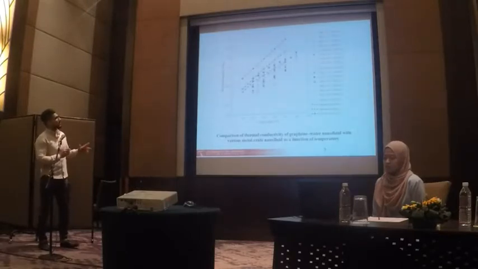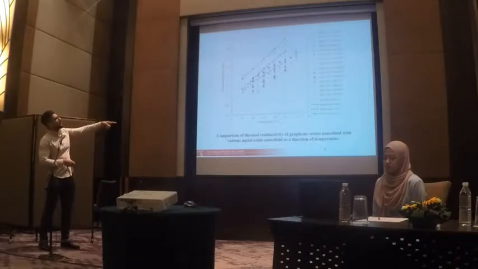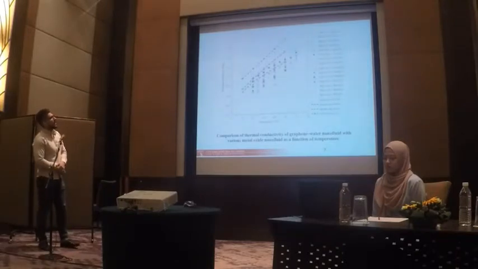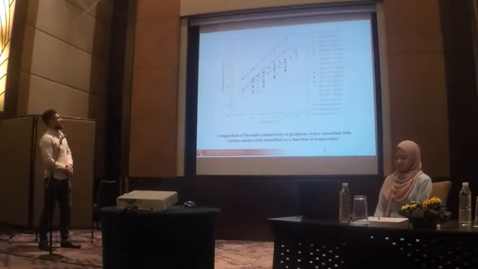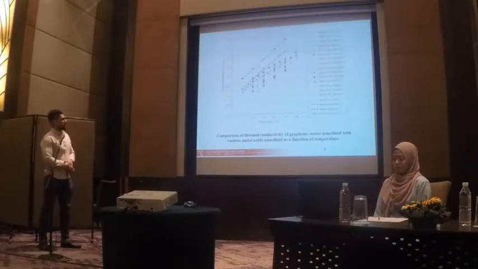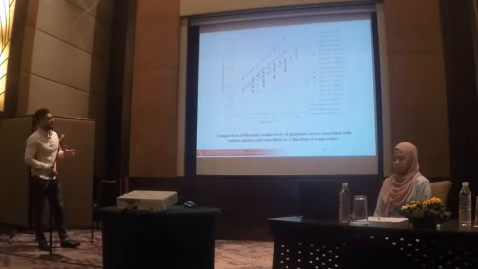So here in this figure we can see different types of oxide nanofluid in different concentrations, all of them mixed with distilled water. And this graph shows a comparison of the thermal conductivity of graphene water with various metal oxide nanofluids as a function of temperature.